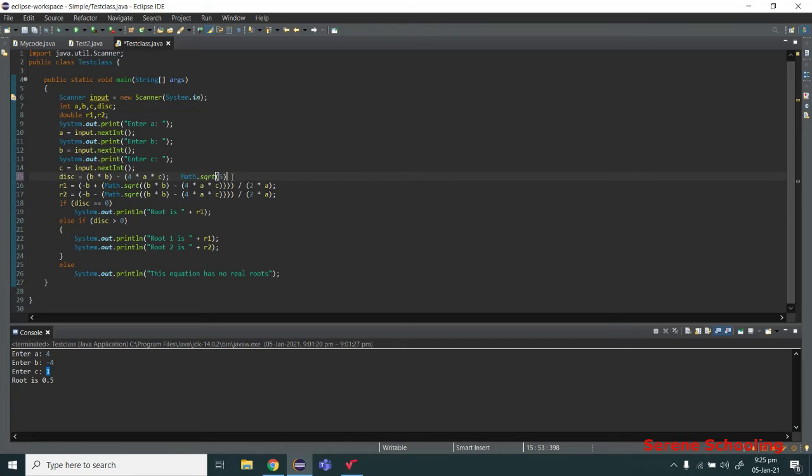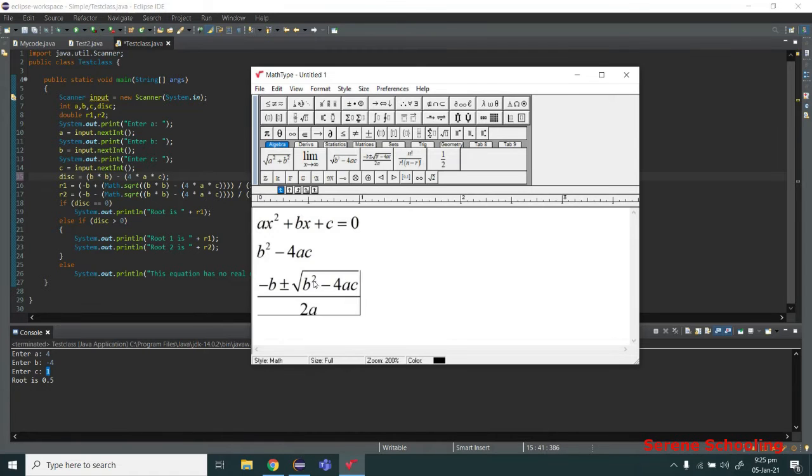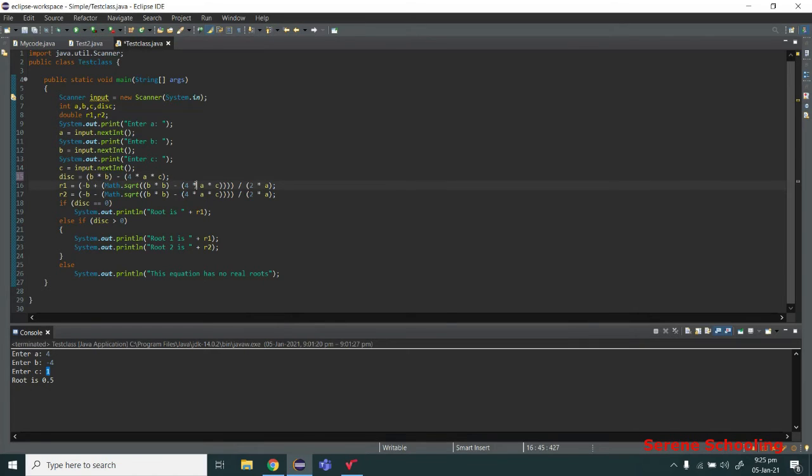Since here I need to pass this whole expression, I have written this b square minus 4ac formula into these parentheses, and it is the argument of this Math.sqrt function.